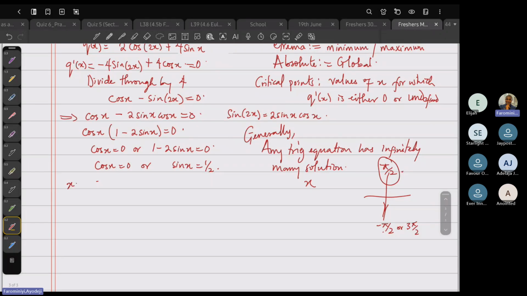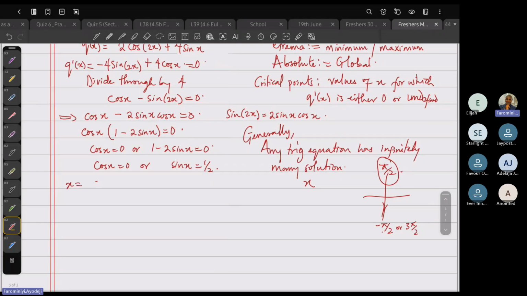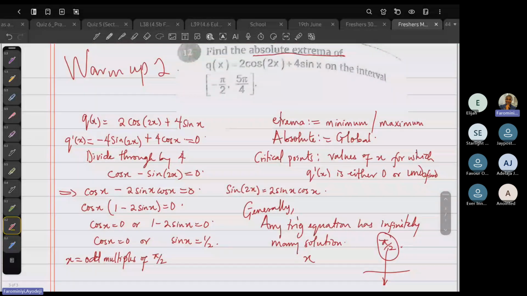So x is equal to odd multiples of pi over 2, integral odd multiples. So that means pi over 2, negative pi over 2, 3 pi over 2, negative 3 pi over 2, and so on and so forth. But we need to be careful.